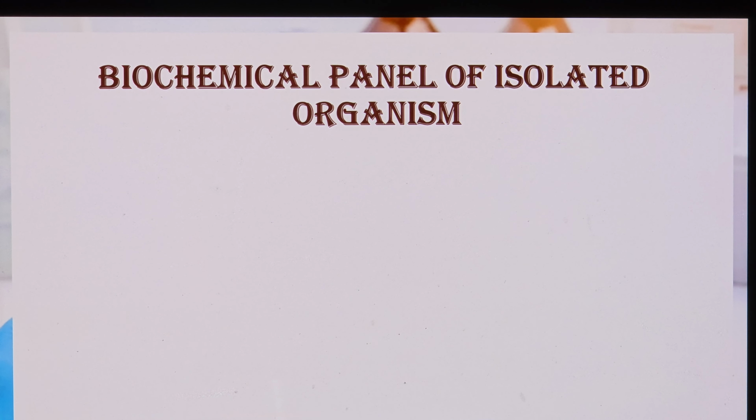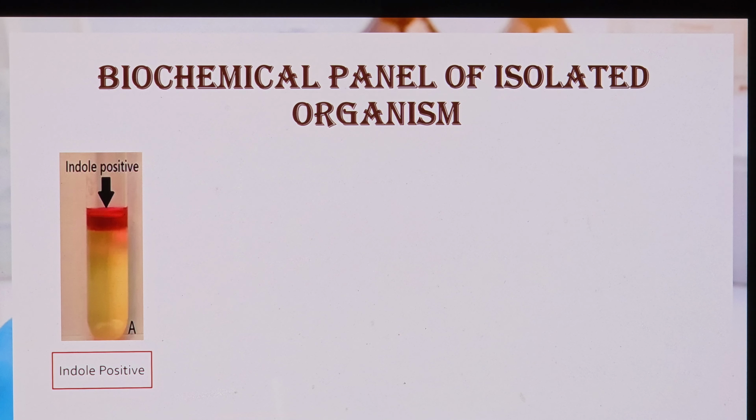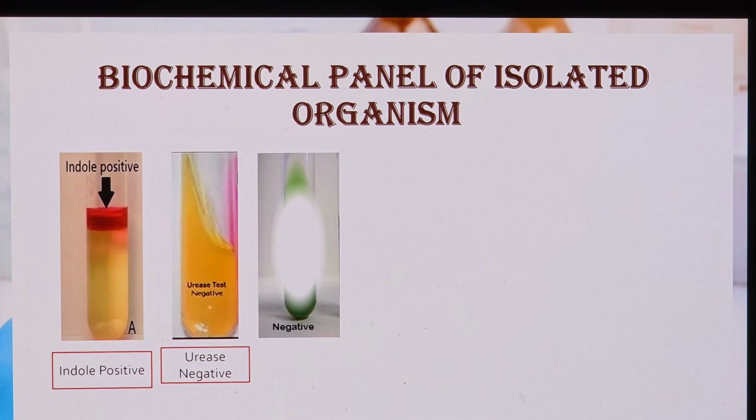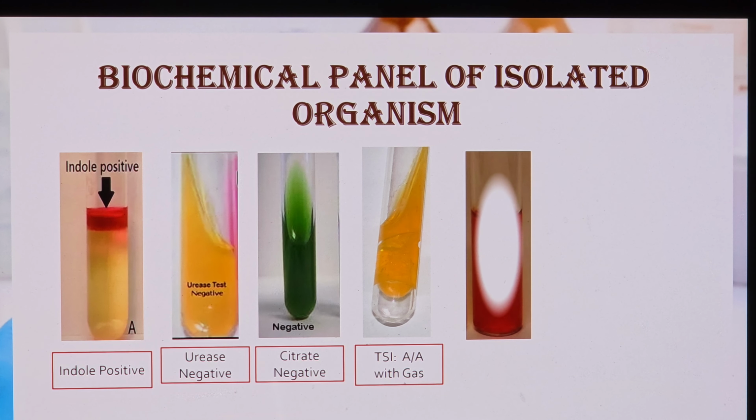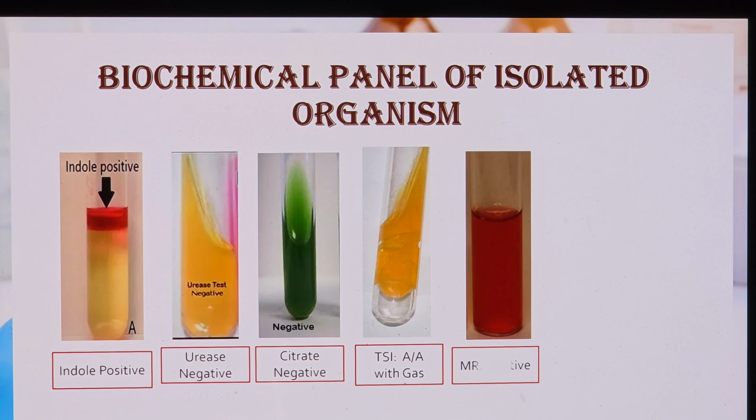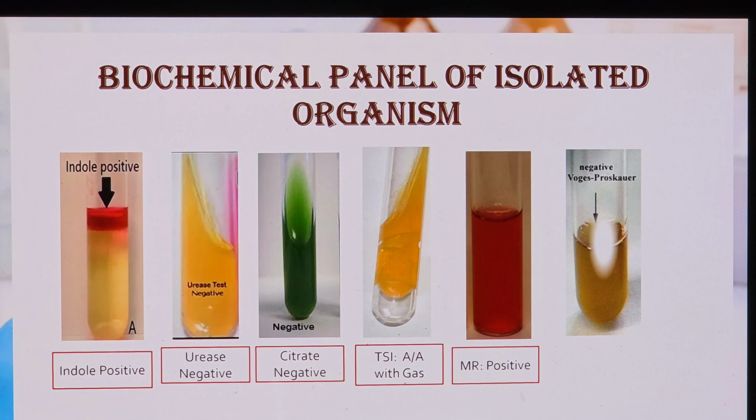Then the colony was subjected to a series of biochemical tests. First indole test, positive, urease test, negative, then citrate test, negative. Next TSI showed A/A with gas. Then MR test, positive. VP test, negative. So the organism isolated is Escherichia coli.